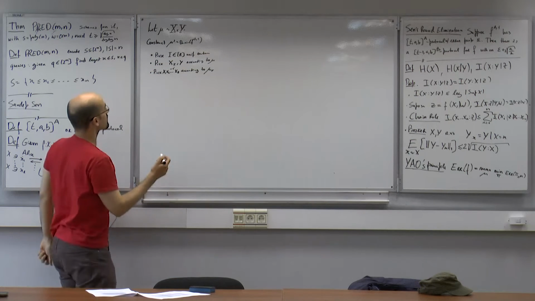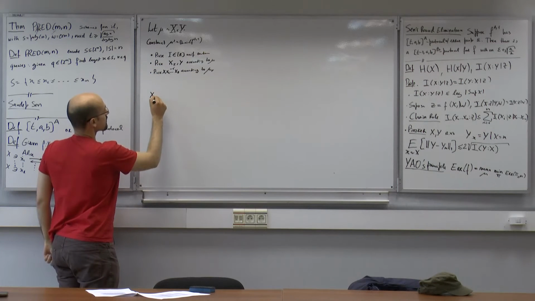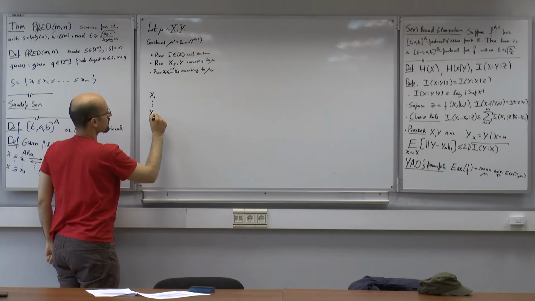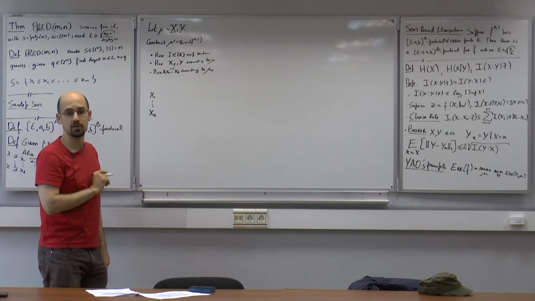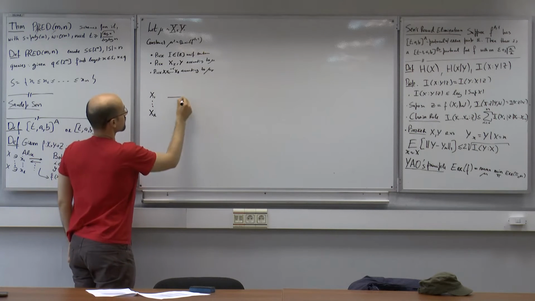So from Alice's point of view, her x's look all exactly the same, and she's the one to send the first message.